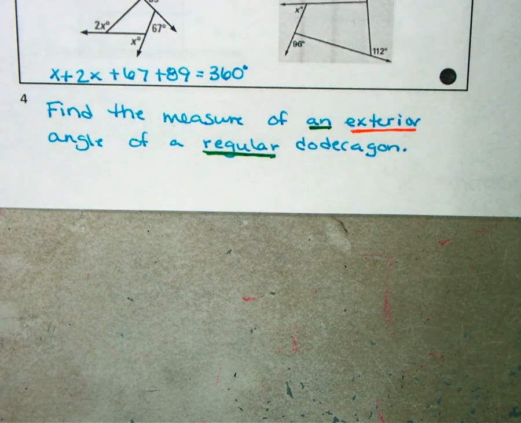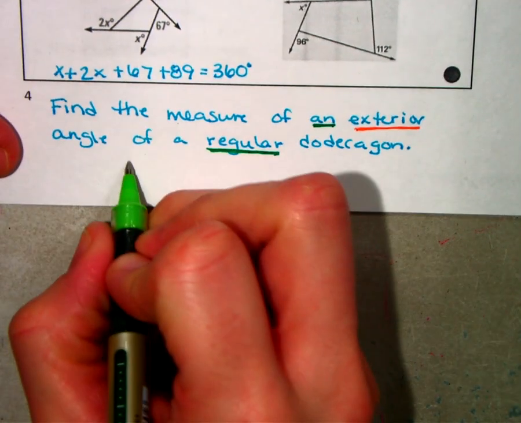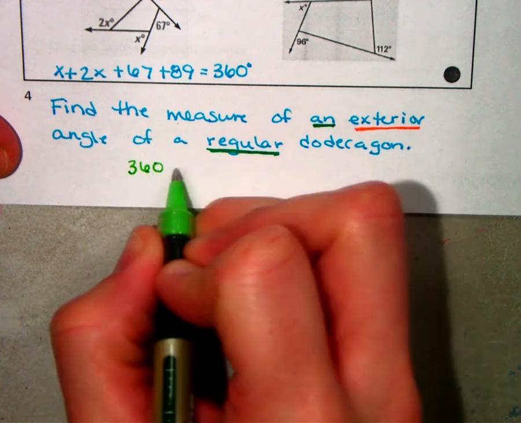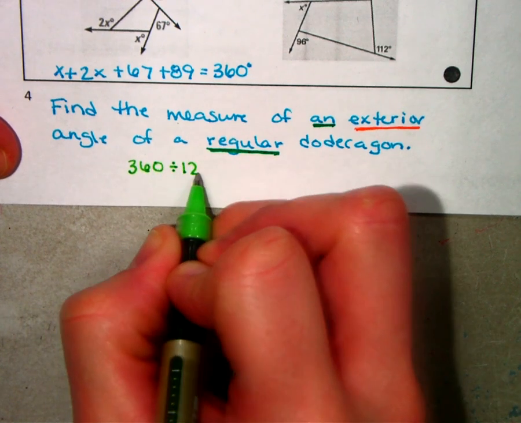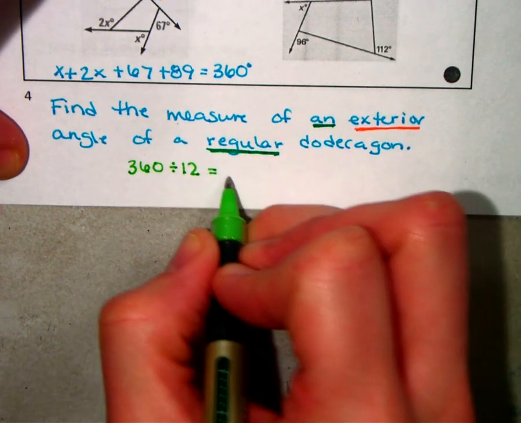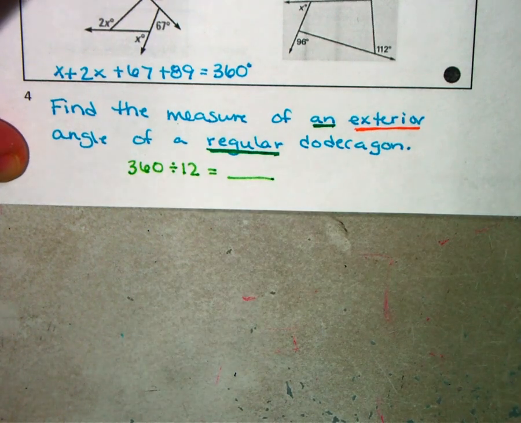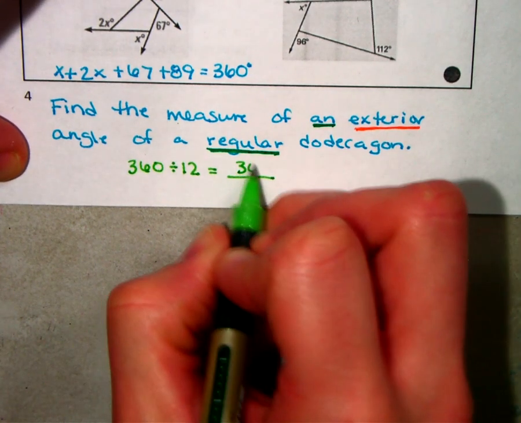Dodecagon. So earlier, when we found this, we took the total, 360, and divided by how many there were, 12. So this time, I'm going to do the same thing. What's 360 divided by 12? 30.